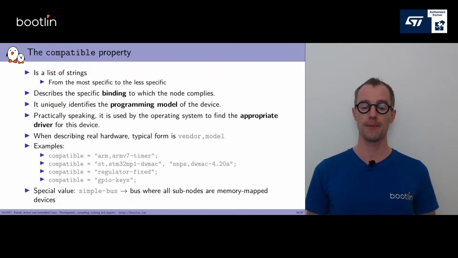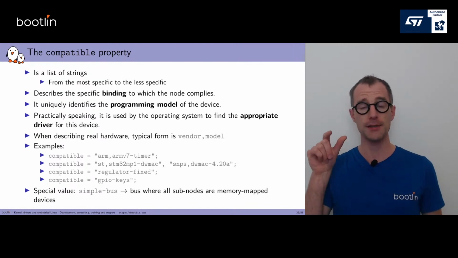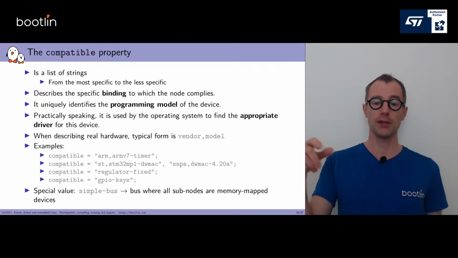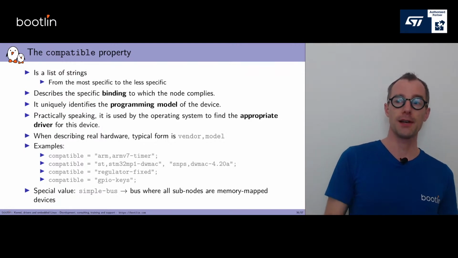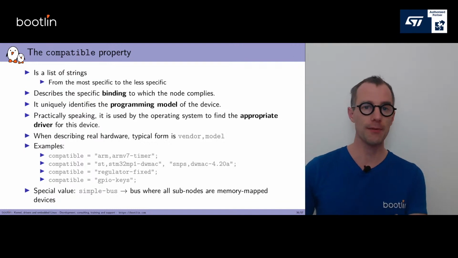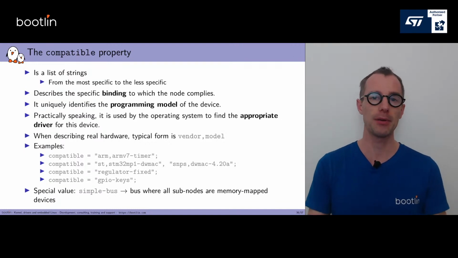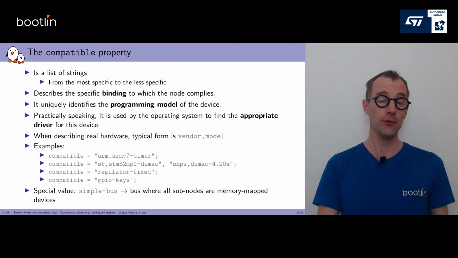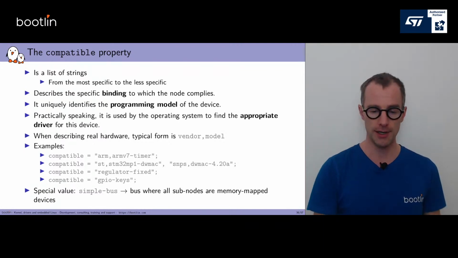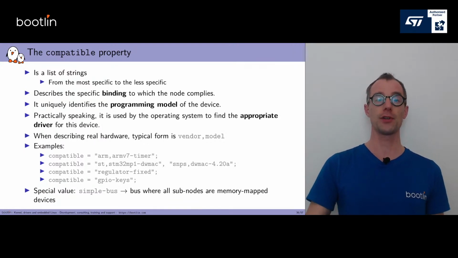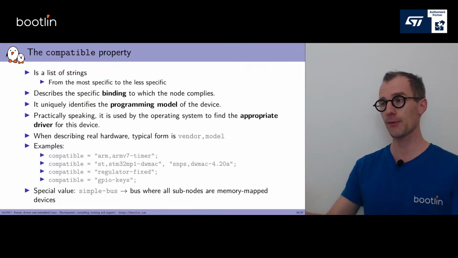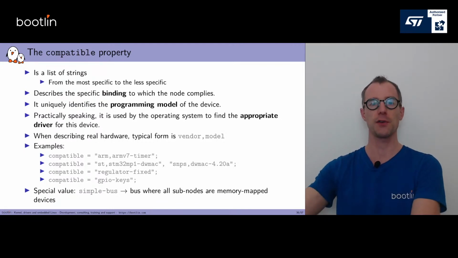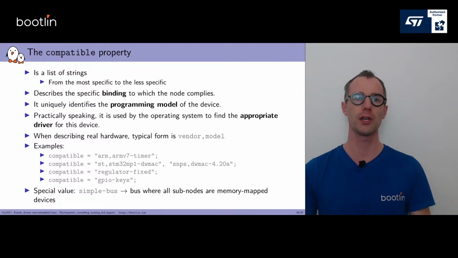Back to the second example here, you see that this compatible property has two values, from the most specific to the less specific. So this allows to identify different drivers depending on their capabilities pretty much. So what the kernel will do, and what other operating systems have to do, is look at the first entry, ST, STM32MP1 DT Mac, and check if there's a driver that recognizes that. If there is, great, we have the most specific driver for that device, we're going to use that one.